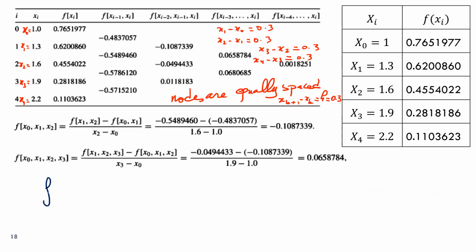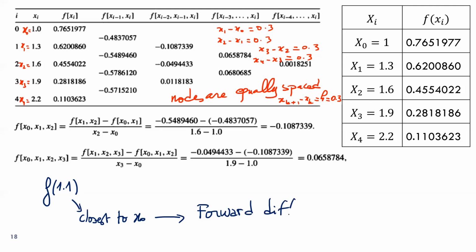If I want to calculate f(1.1), for example, this is closest to x0, so we use forward difference. This gives me the best approximation.